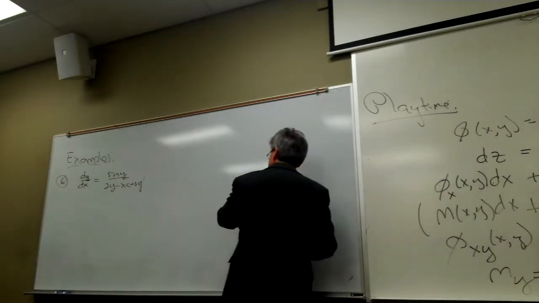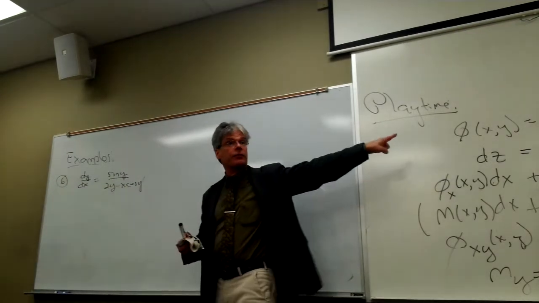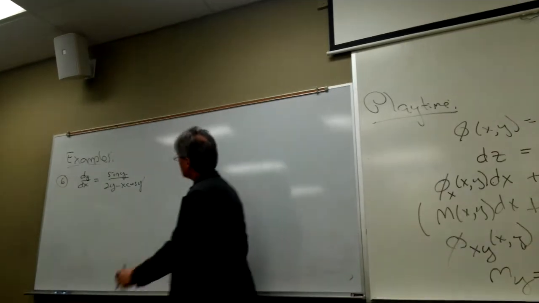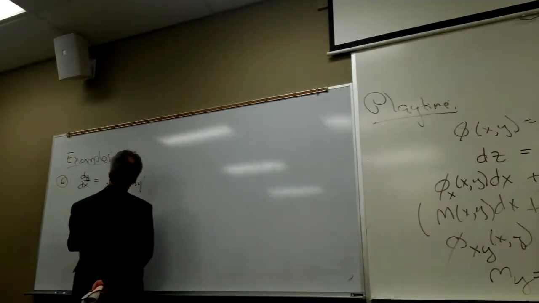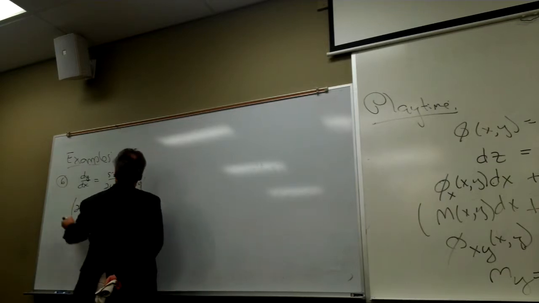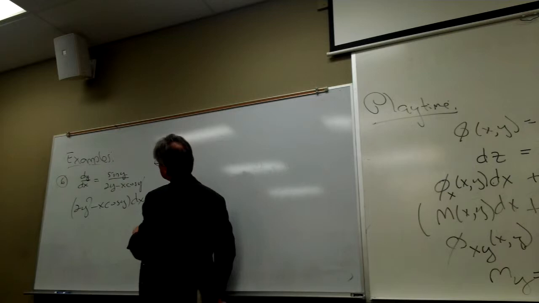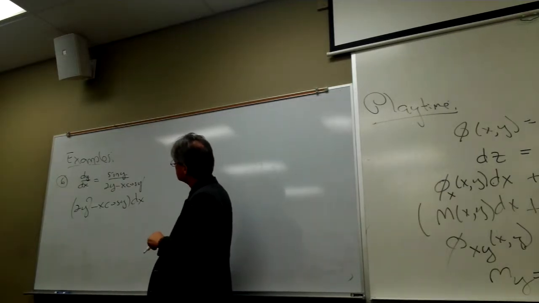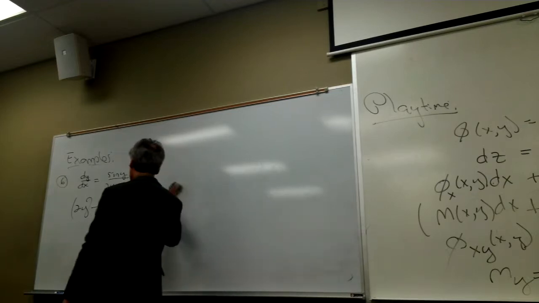In treating it as an exact DE, let me write it out in an alternative standard form over there. Is that a 2y minus x cosine y dx? Did I just make another mistake? I sure did.